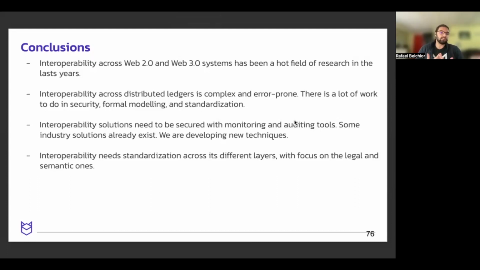Finally, we didn't talk a lot about this, but we also need standardization across the different interoperability layers: legal, semantic, technical. This is also an area of research that we are exploring within the IETF, the Internet Engineering Task Force, namely the Secure Asset Transfer Protocol we are developing.